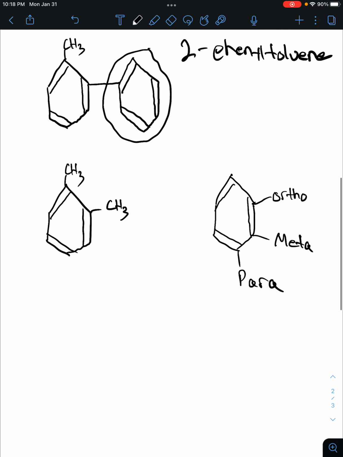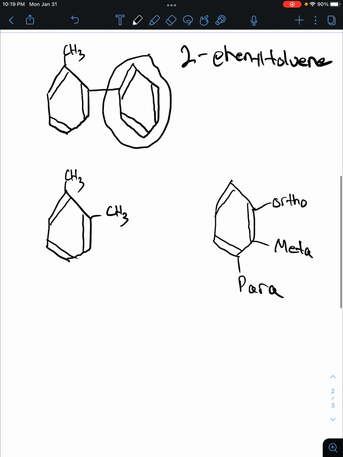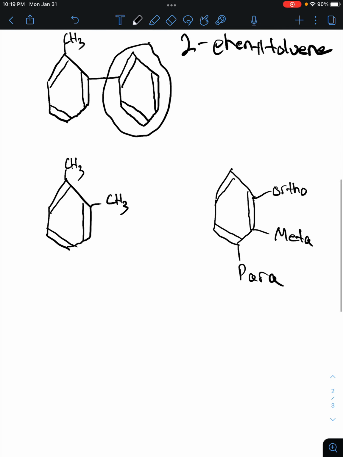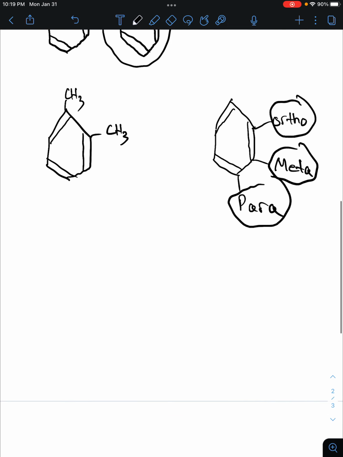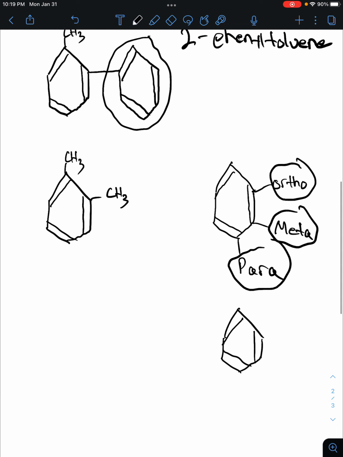But when we deal with these benzene rings and we start adding substituents on it and naming these substituents, it's common practice to use what we're going to call ortho, meta, and para positions. And that simply means at these positions relative to the group that is naming the compound.